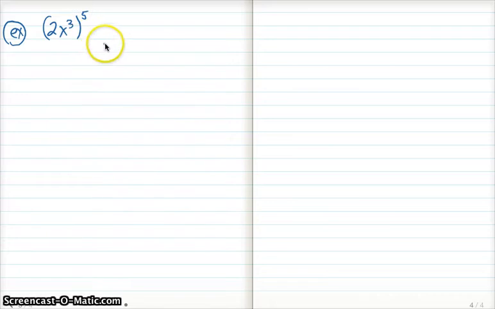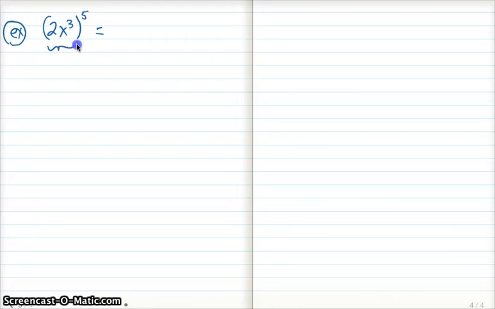Remember, you can always derive the property. You can always write this out as repeated multiplication to figure out how many x's you end up having and how many 2's you end up having. So even though we use these properties to make the math a little bit more efficient, we can always go back and factor everything out. And let's take a look to see what this looks like when we factor this out.